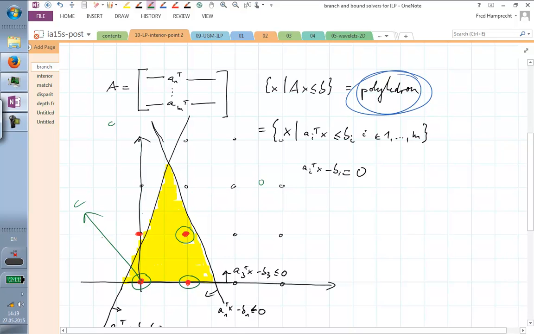So I'm looking for the most extreme point of my yellow polyhedron when projected onto this reward vector C. And the most extreme point will be this one here. In other words, this is going to be the solution of the linear programming part of my optimization problem for this given set of constraints and for this given cost vector.